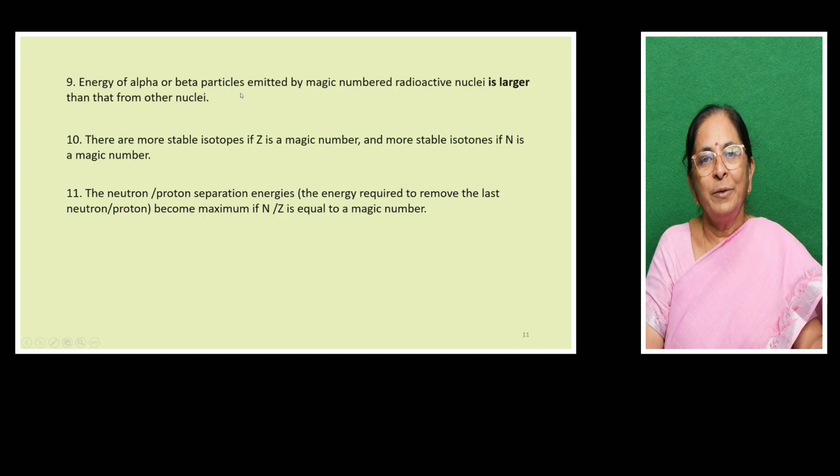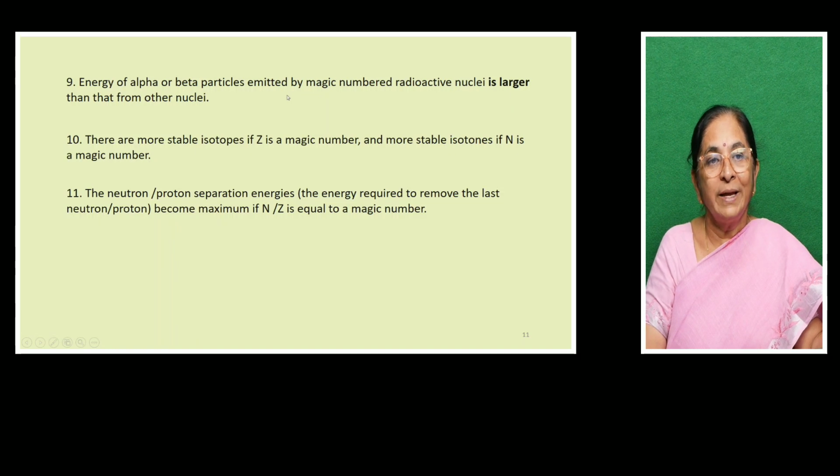The energy of alpha or beta particles emitted by a magic numbered radioactive nucleus is larger than from other nuclei. So those nuclei that undergo radioactivity, if they emit alpha particles or beta particles, those particles will carry higher energy than the alpha and beta particles emitted from other nuclei.